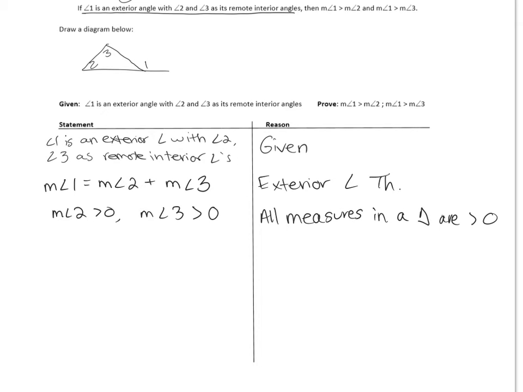So I can then say, using the comparison property of inequality, that the measure of angle 1 must be, ooh, I did that backwards. Let's try that again, guys. Where's my eraser? There it is.